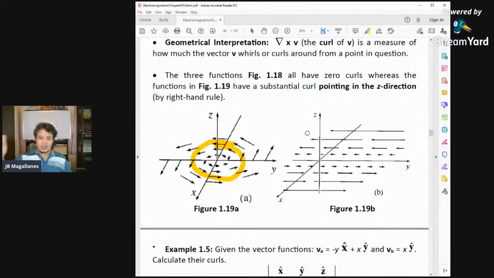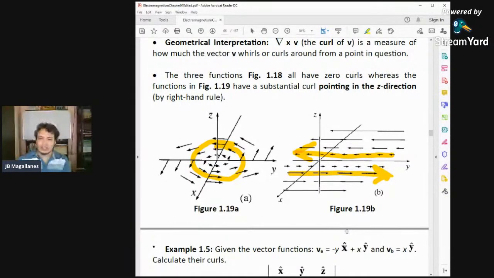If you have a vector that's curling around a point, like a whirlpool, that's a curl. This one also is a curl, isn't it? Although these are kind of straight arrows, on the opposite side you have this direction going to that, and on this side you have this direction. That's also a curl.